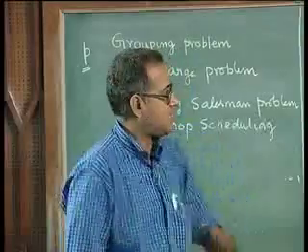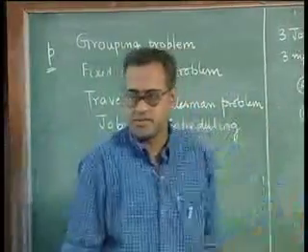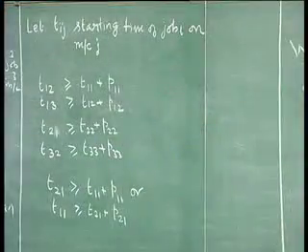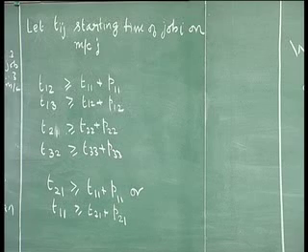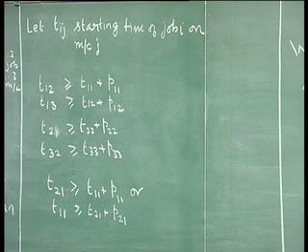Since you are doing it first time, I will write down all the 3 pairs. For AB you will have T12 is greater than or equal to T22 plus P22, or T22 is greater than or equal to T12 plus P12. This is for AB.